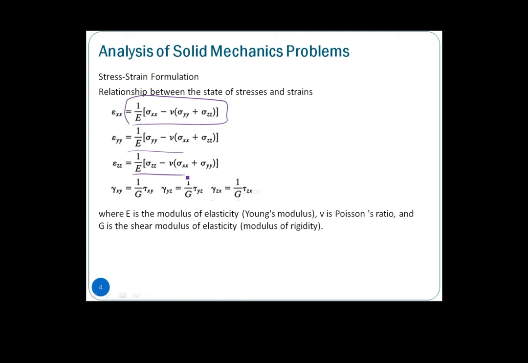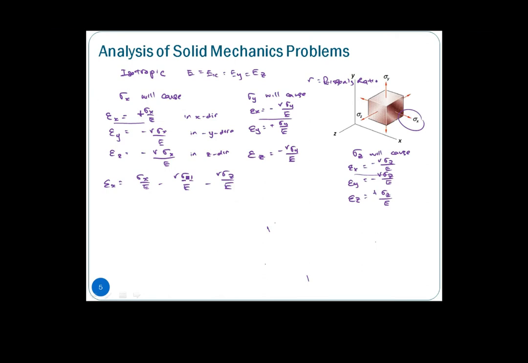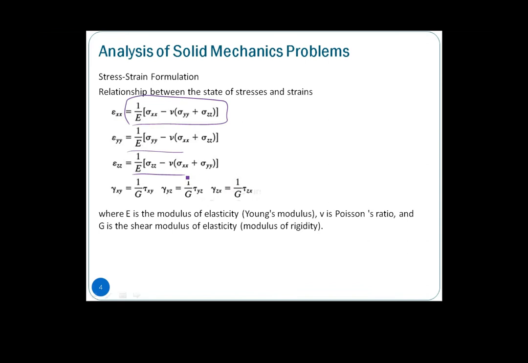Then of course, we have also our shear stress and shear strain itself. Basically, it is governed by our shear modulus G itself. So we have a normal shear stress, tau xy, basically is G times gamma xy.